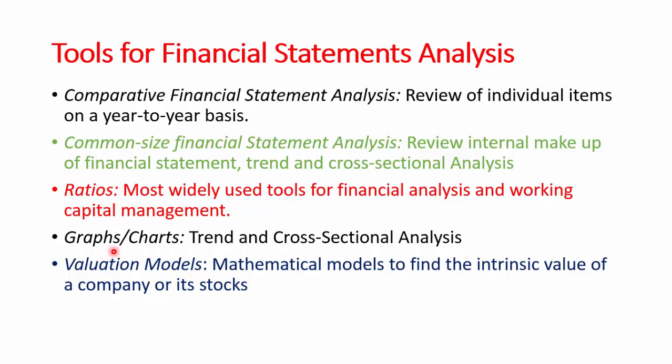Graphs and charts are another very important tool used heavily in financial statement analysis, and we're going to use them as well. And valuation models: there are different mathematical models used to find the intrinsic value of a company or a stock, and we are also going to use them. So these are the basic five tools we are going to use, and most people use them too.